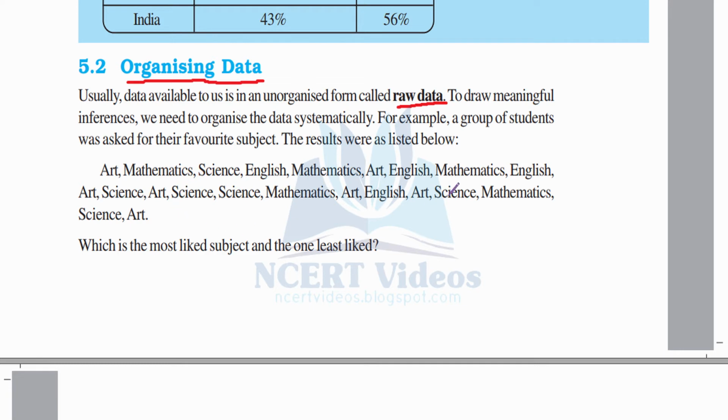These are the different favorite subjects of different students. It asks which is the most liked subject and which the least liked. The more times any subject comes in this raw data, the more popular or most liked it is. The fewer times any subject comes, the least liked it is. So you see, we need to organize it. That is what we are going to study next.